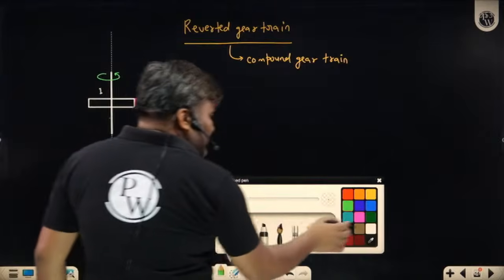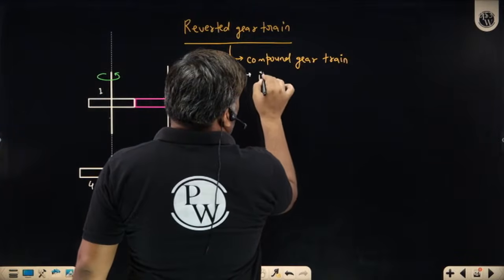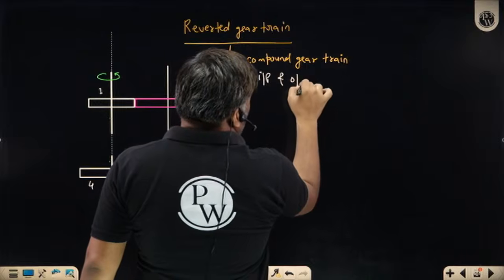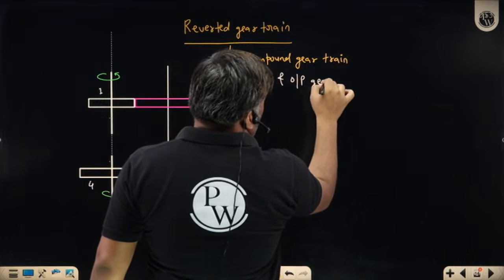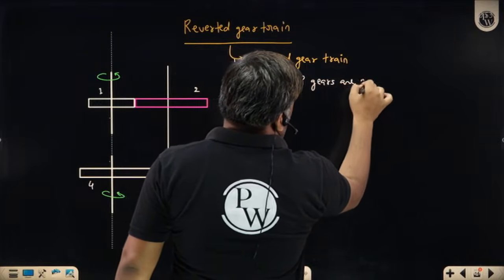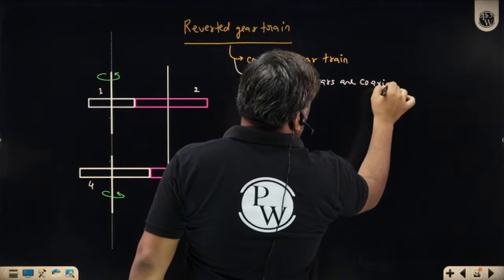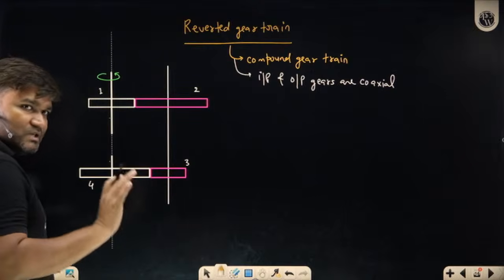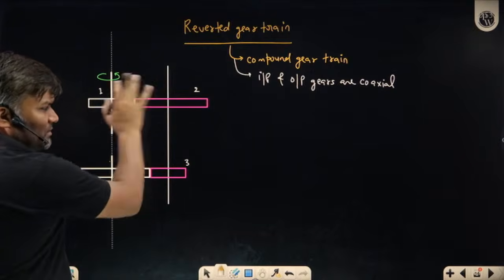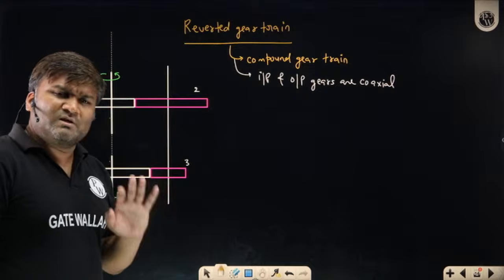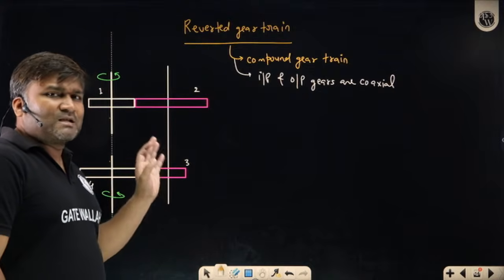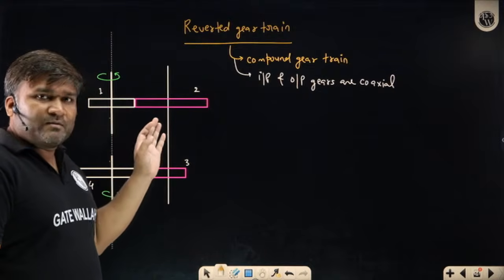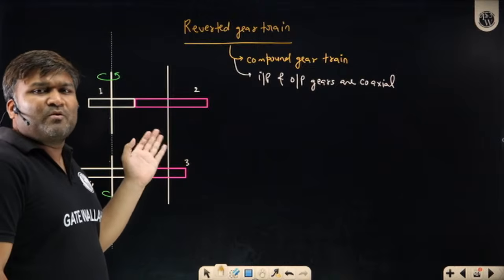So reverted means input and output gears are coaxial. Clear? To solve this kind of question, again there is nothing new. Just I wanted to show you this picture. This is a reverted gear train. By nature it is compound, so just like compound we can solve it.